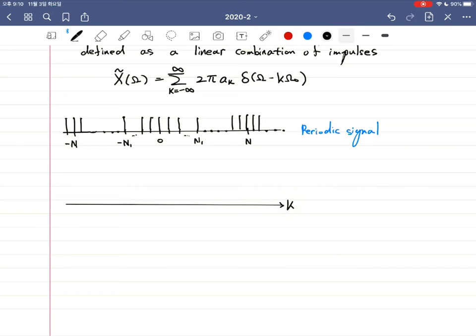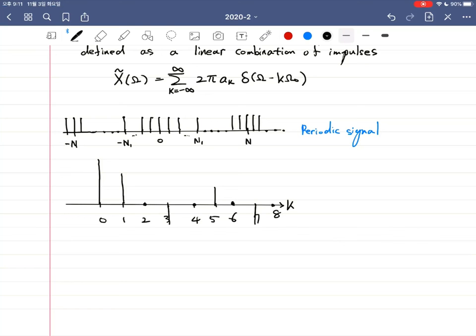So at 0 you will have this much, and at 1 you will have this much, 2, 3, and then 4, and then 5, and 6, 7. So 7 and 3 should have the same value.